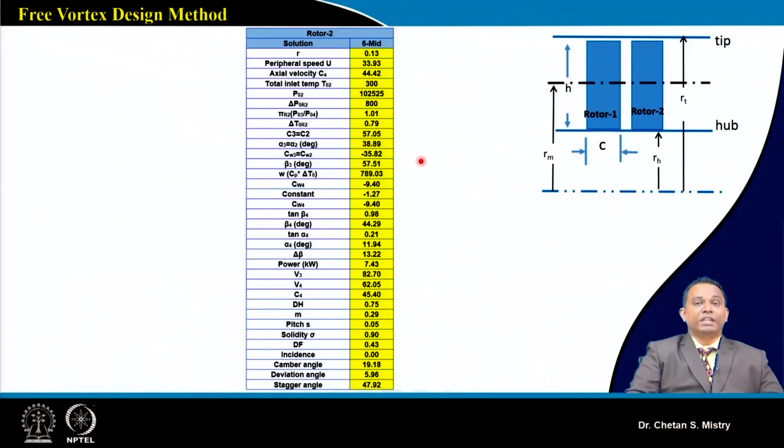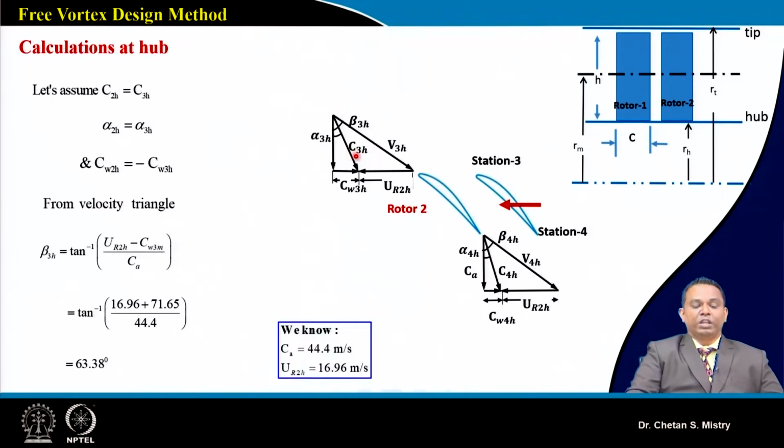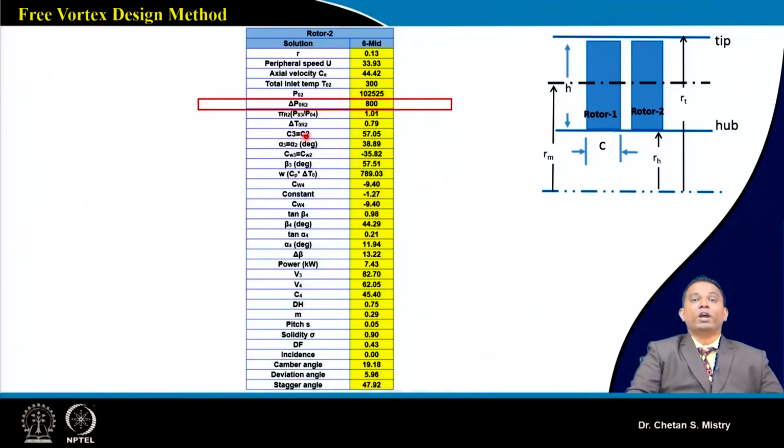Now, the same design concept or methodology we can opt for rotor 2. Here in this case, we need to be very careful when doing our design for the contra-rotating fan. As we made the statement earlier and discussed at the initial stage, we are assuming our absolute velocities C2 and C3 to be the same and alpha 2 and alpha 3 to be the same. If we consider that as a case, our CW2 and CW3 will come out the same.